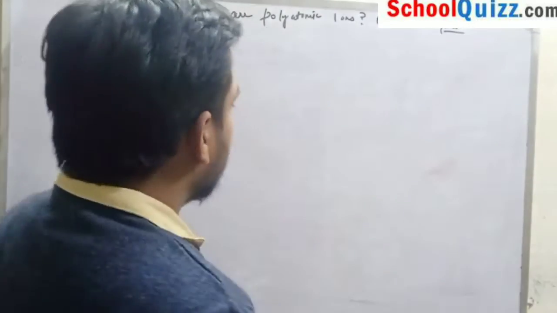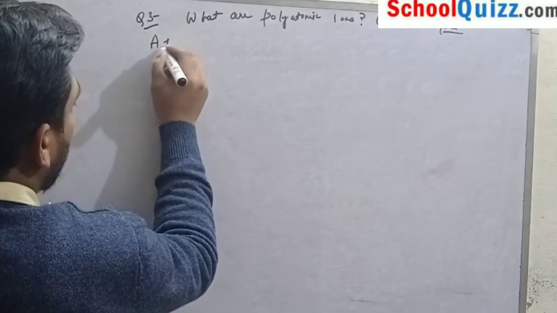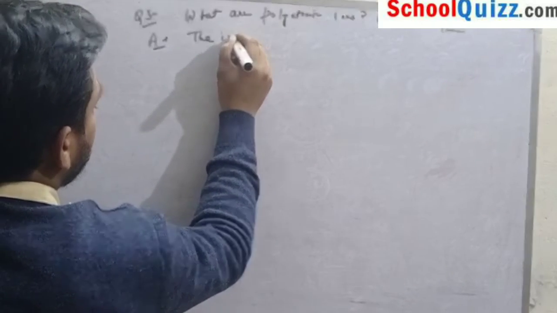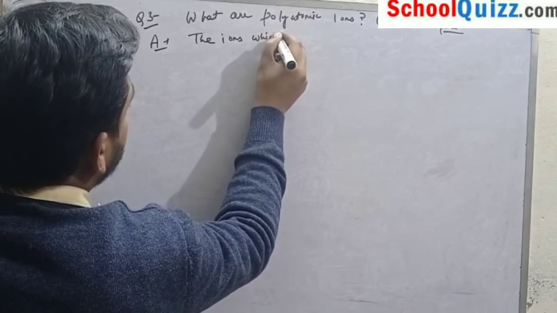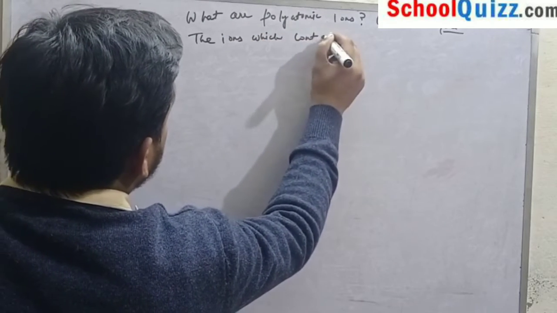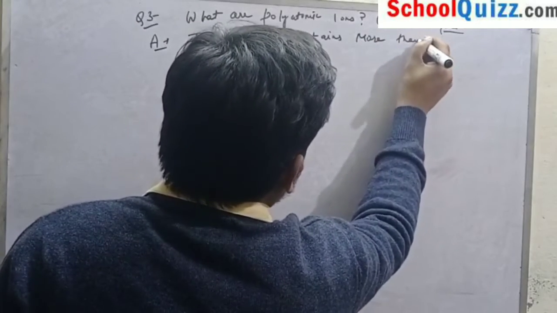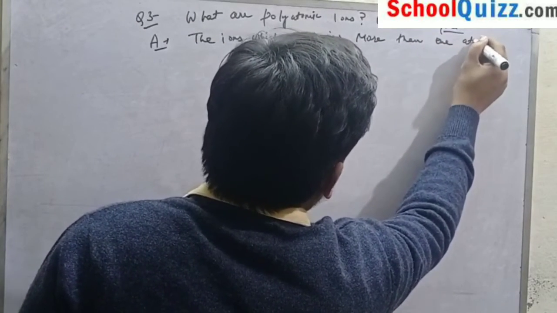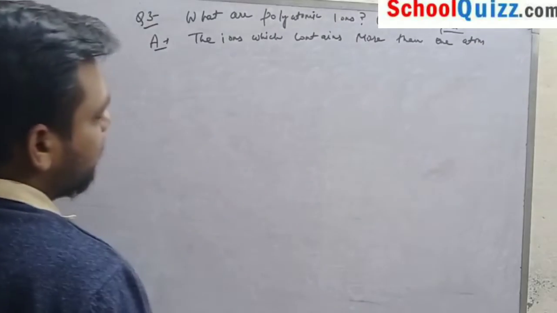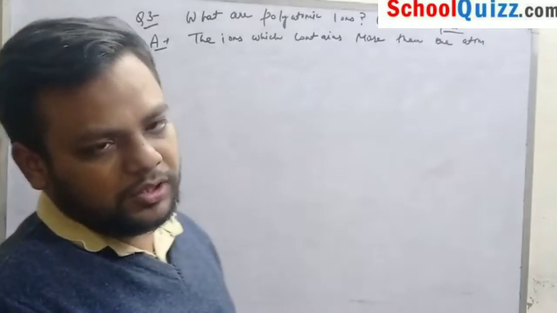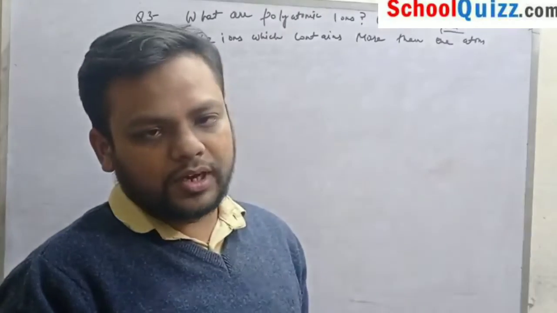The ions which contain more than one atom, the atoms may be of a similar kind or of different kinds, it doesn't matter.